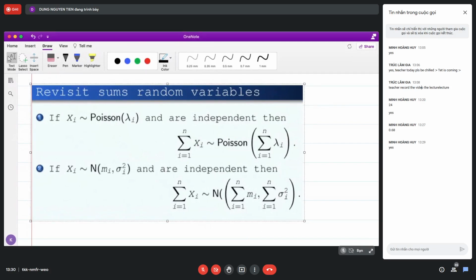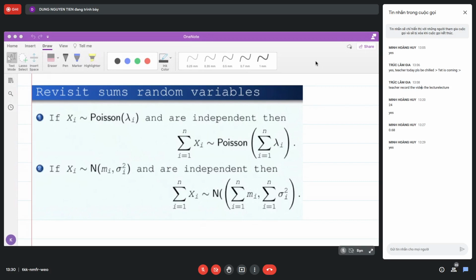Okay, now this is just a summary of what we just learned. Suppose that xi follows a Poisson distribution with the parameter lambda i, and they are all independent. Then we knew that the sum of xi follows a Poisson distribution with the parameter lambda, which is the sum of lambda i.